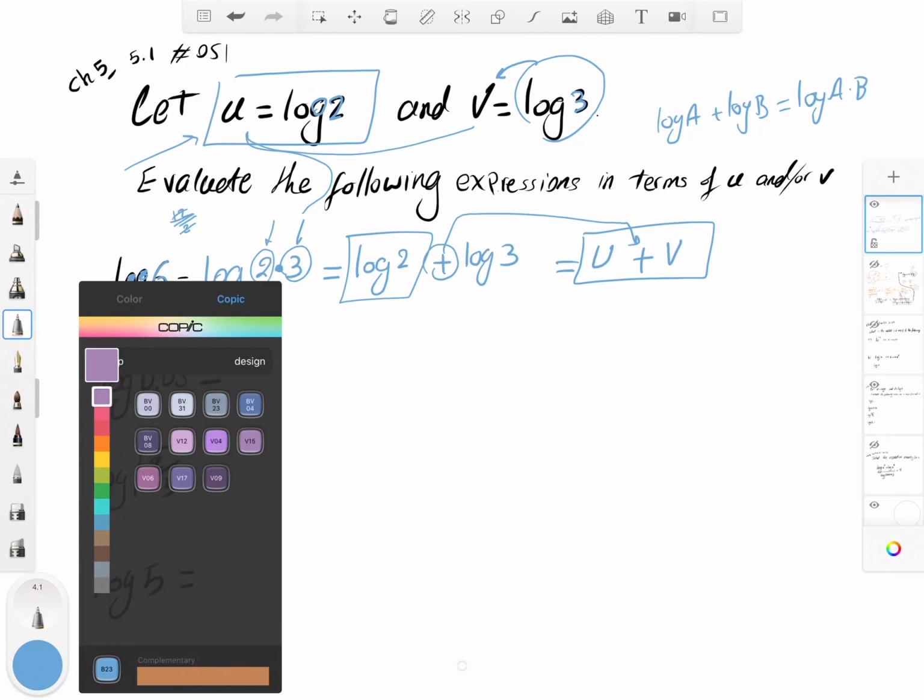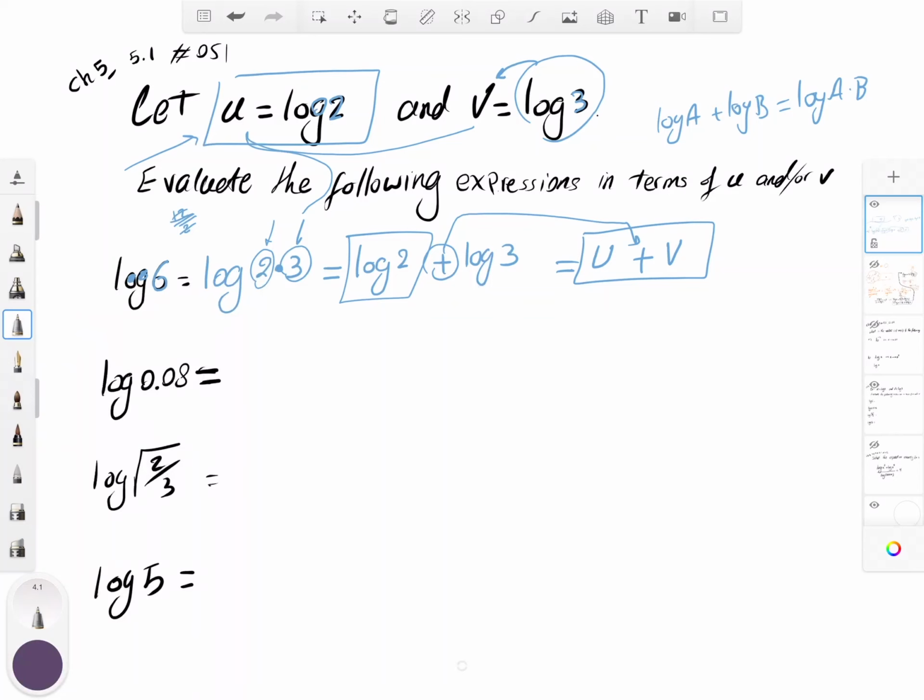So not bad. Now log of 0.08. All right. This is same as, so log 8 over 100 gives you 0.08.